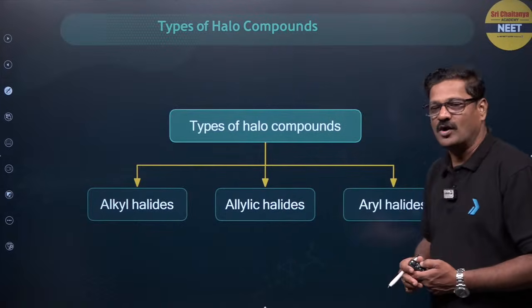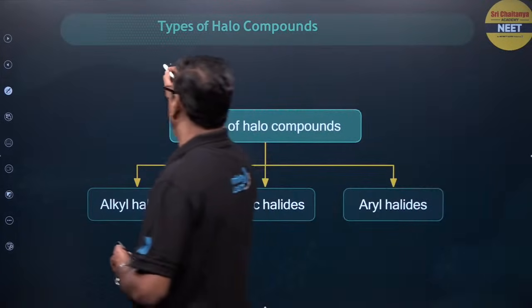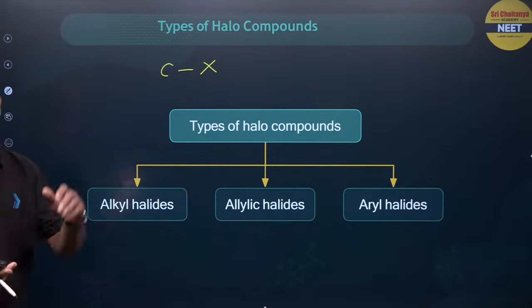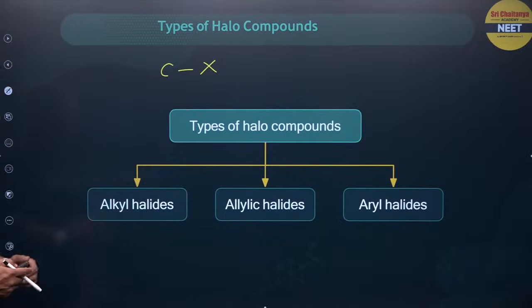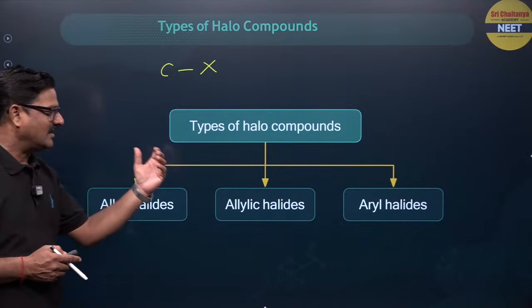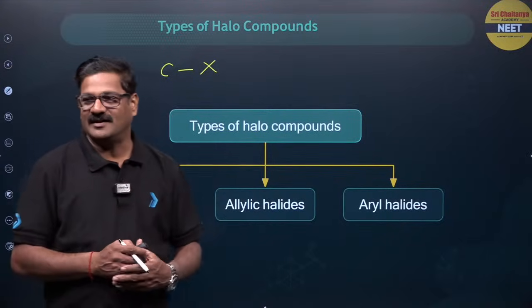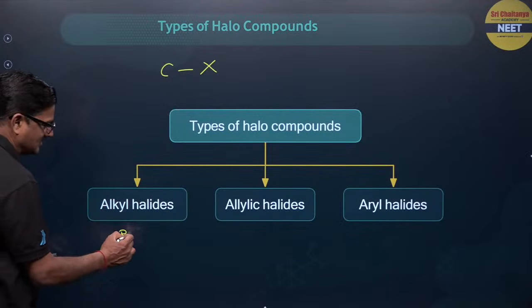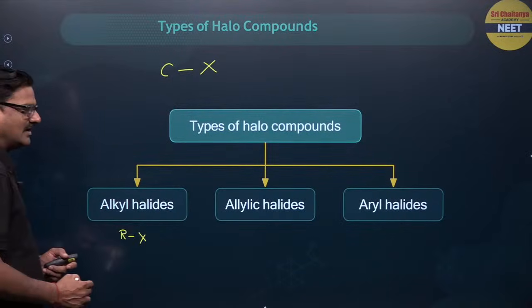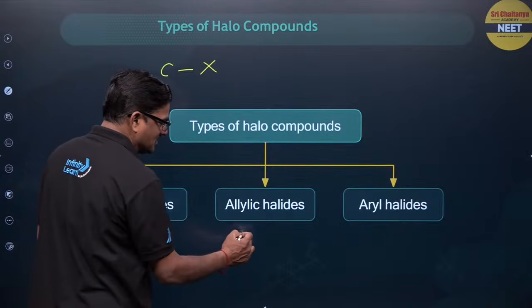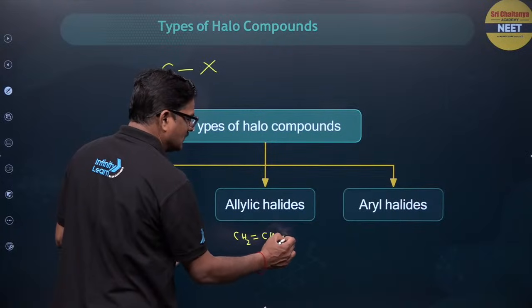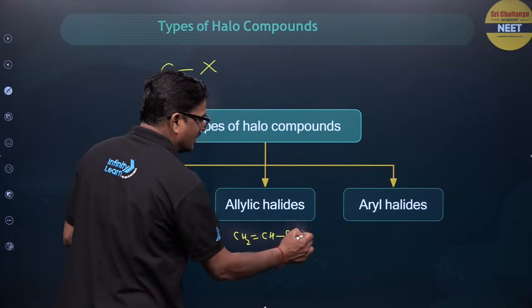Types of haloalkanes: wherever carbon is directly linked to the halogen, that is called a halo compound. That could be alkyl halide, allylic halide and aryl halide. Alkyl halide is written like this and allyl halide is written like this. So if the halogen is attached to an allylic carbon, it is going to be allylic halide.